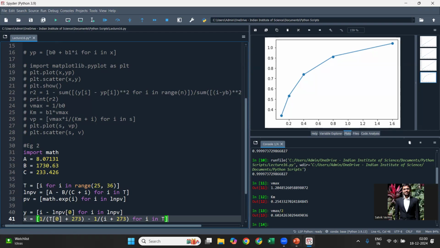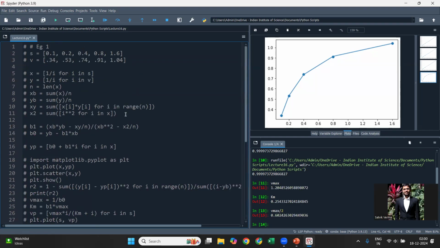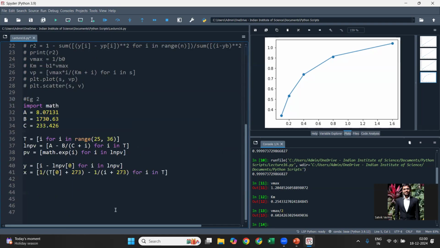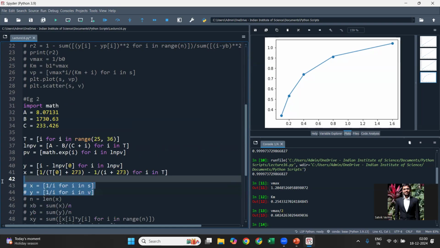So we have x and y data, okay? And then once again we'll follow the same method that we did here. So I'll just copy and paste the entire code over here. So from here, let's just copy and paste the entire thing. So I've already defined x and y.